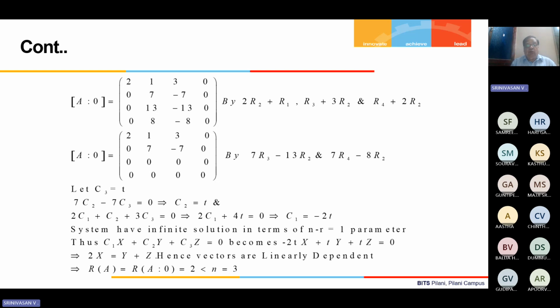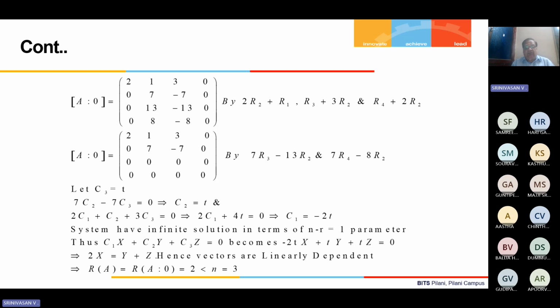T equal to 1, C2 is also 1, and C1 will be minus 2. But when you substitute here, you will see that is very important. Only when t equal to 0, you get this is 0, this is 0, this is 0. But t is not the only value you can generate. But in the previous values, you have directly found C1 equal to 0, C2 equal to 0, C3 equal to 0. So here you have gone for an assumption.